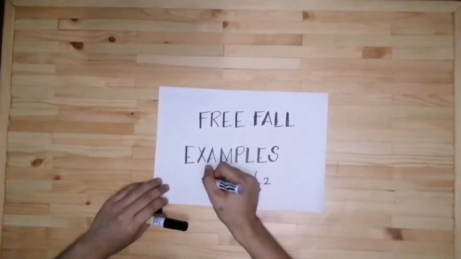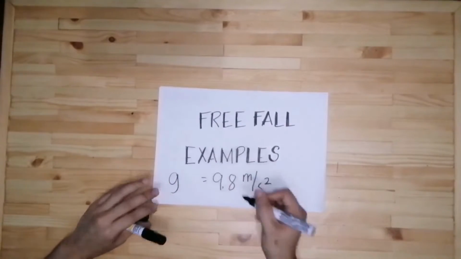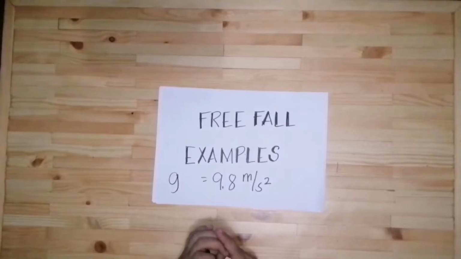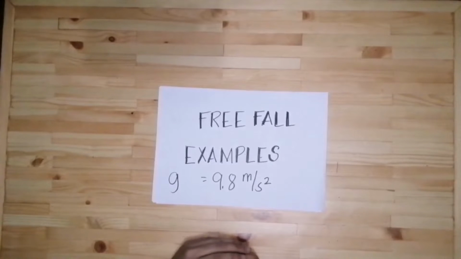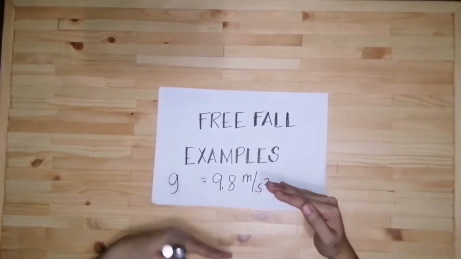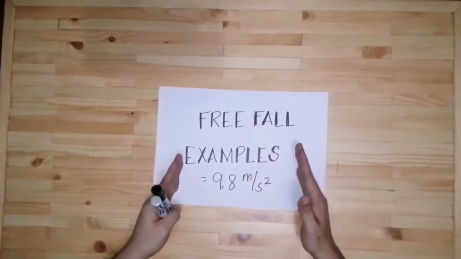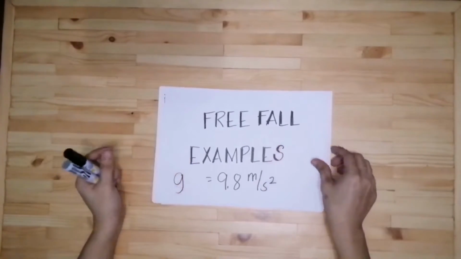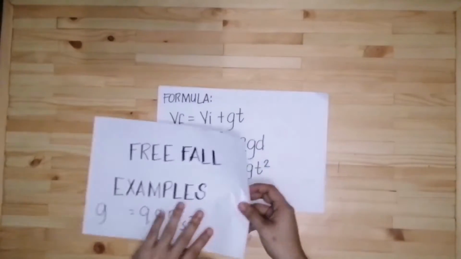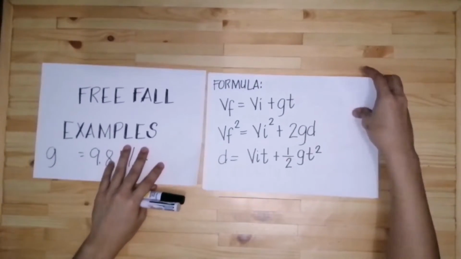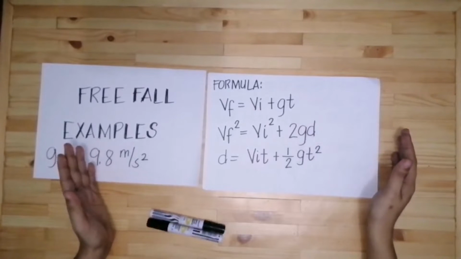So that is what we call the gravitational acceleration, denoted as small letter g. Free fall motion is also a motion wherein the object is traveling in vertical motion.